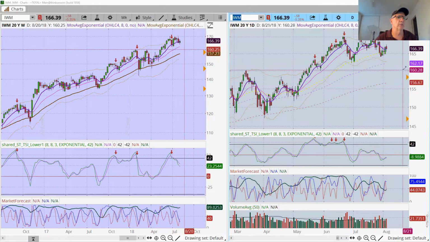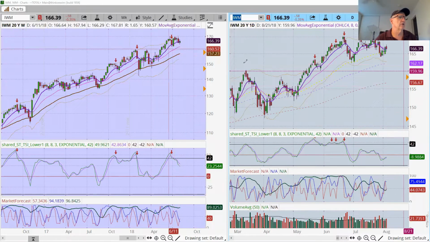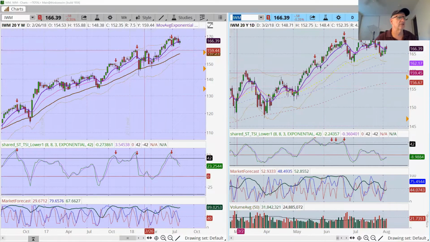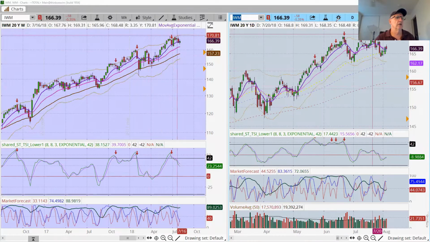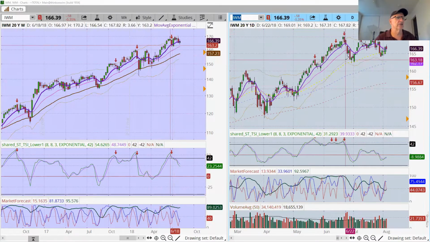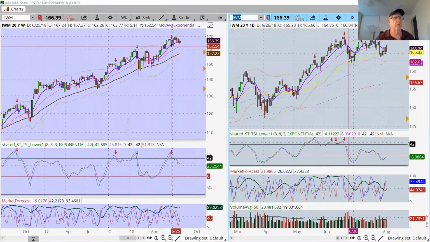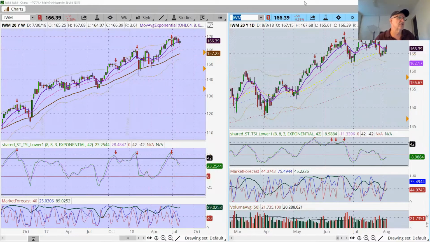And as you can see, past support, past breakout levels. And again, here's also that level of support, about 162.60. So that's what I'm looking at with IWM, guys.